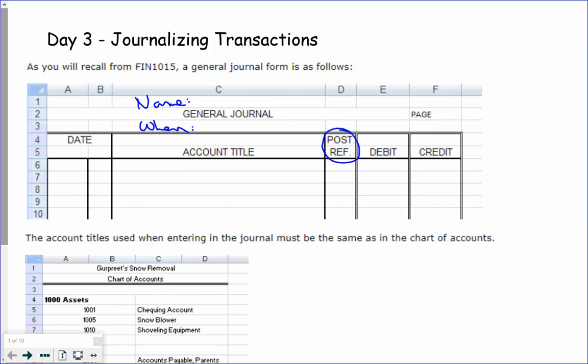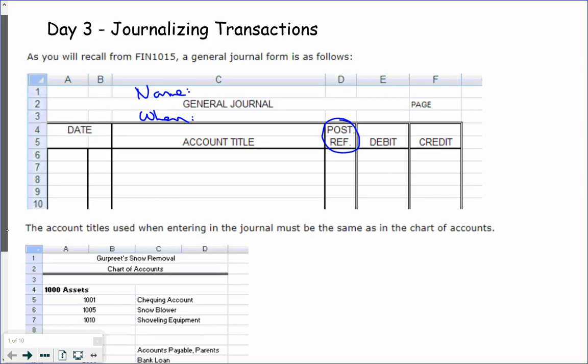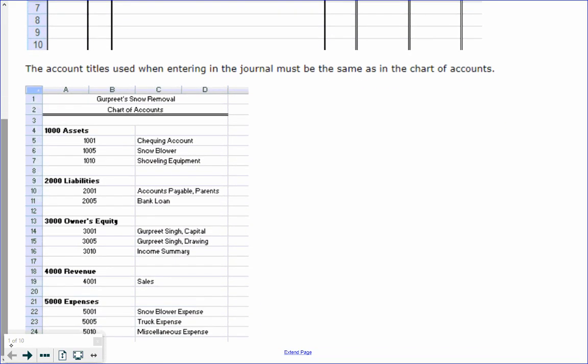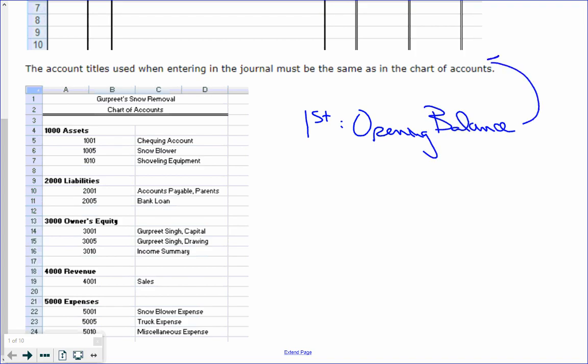Okay, so we'll go back to the snow removal business. Gurpeat Snow Removal. So we've got our 3 asset accounts, our 2 liability, our 3 owner's equity, our 1 revenue, and our 3 expenses. So what we have to do first is put the opening balance into the general journal.